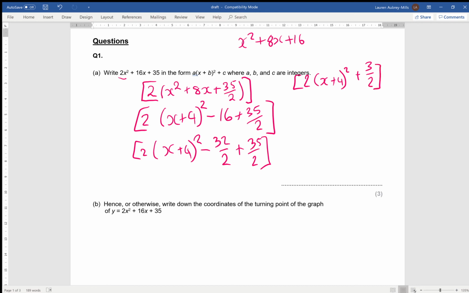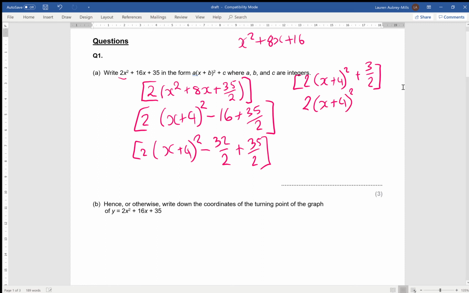That's made it much neater now. With this 2 outside, you don't need to worry about multiplying the bracket, but you do need to times it out here, and that gets rid of this bracket. So 2 times 3 over 2 is 6 over 2.